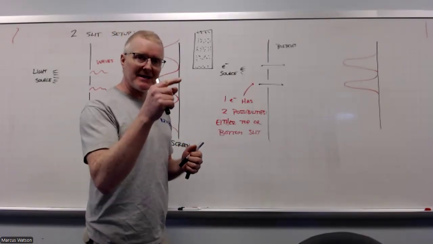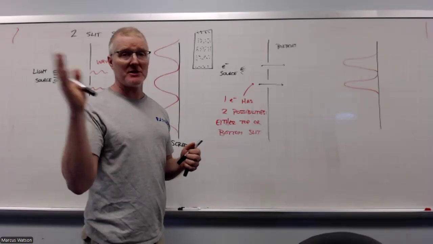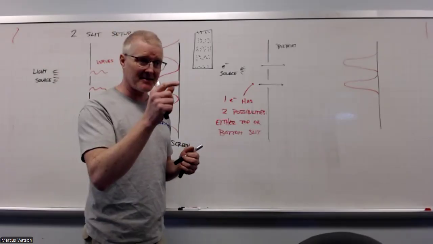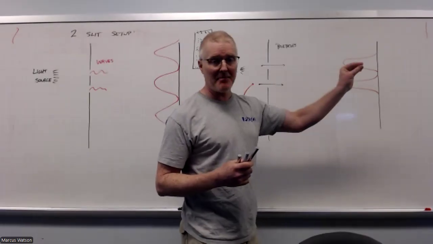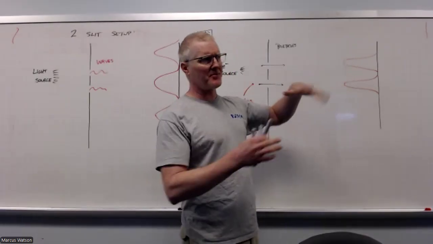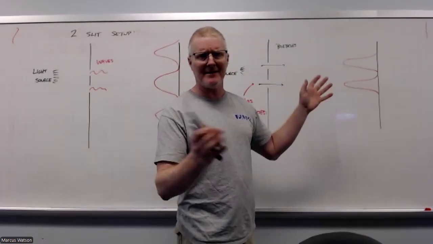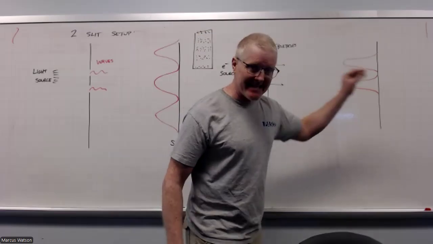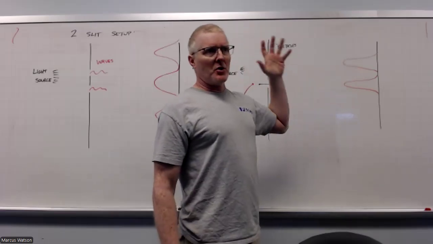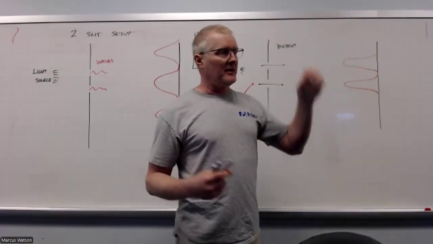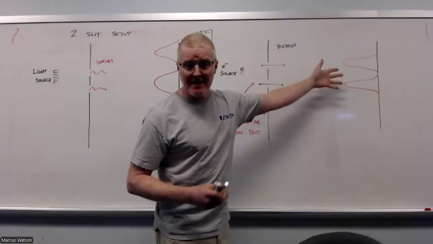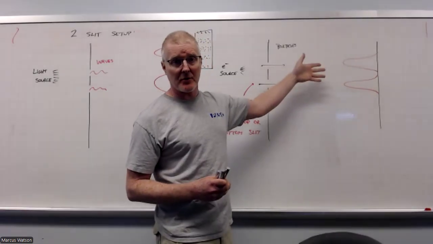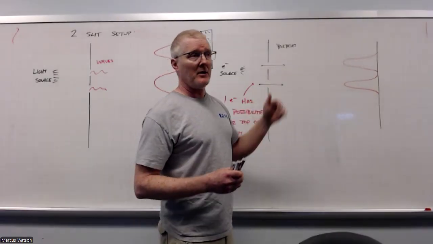We have something that gets ejected as a particle, just like in the photoelectric effect. It gets ejected as a particle, or in Compton scattering. It hits the screen as a particle. It doesn't spread intensity here or there like light does. It hits as a particle. So we think it leaves as a particle, it hits as a particle, it's a particle. And we don't see the particle pattern. So there's something wrong with the way we're thinking about it.